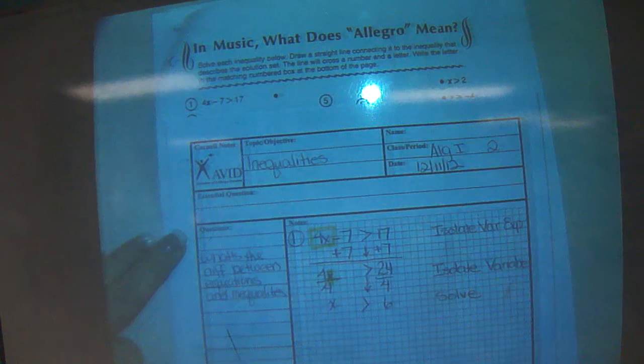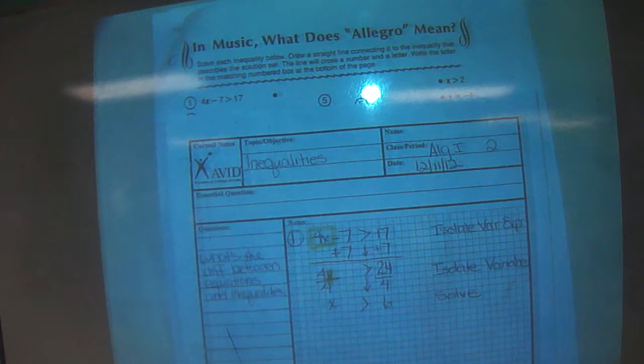Do you see one on this one? Do you see a difference between equations and inequalities other than the sign? No. Did we do anything different? No, we really didn't.